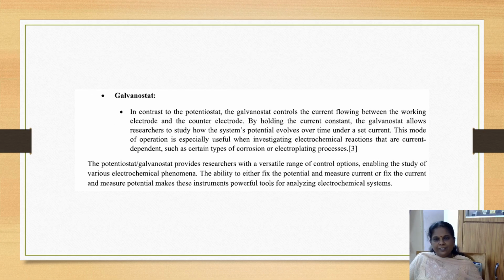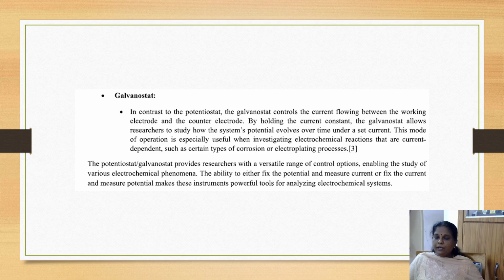In contrast to the potentiostat, the galvanostat controls the current flowing between the working electrode and the counter electrode. So in a potentiostat, voltage is maintained between the working electrode and the reference electrode. But here in a galvanostat, the current is flowing between the working electrode and counter electrode.